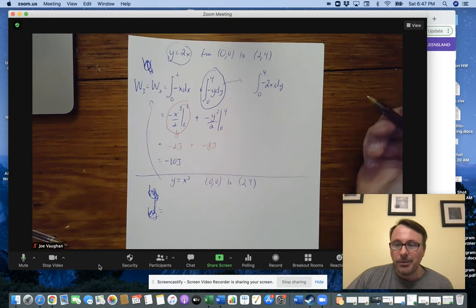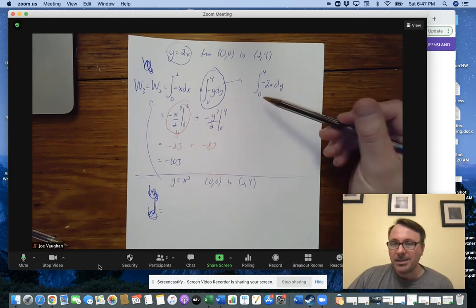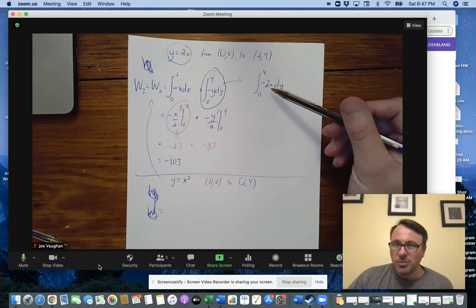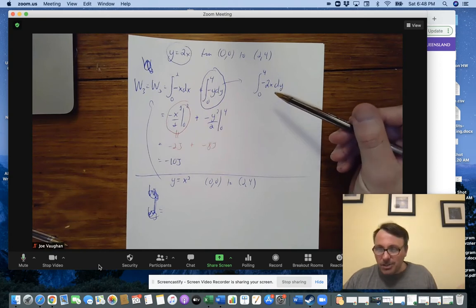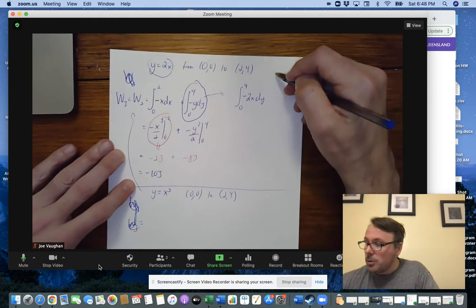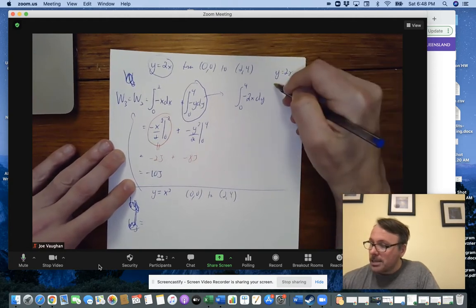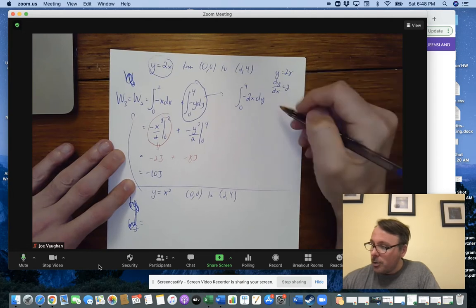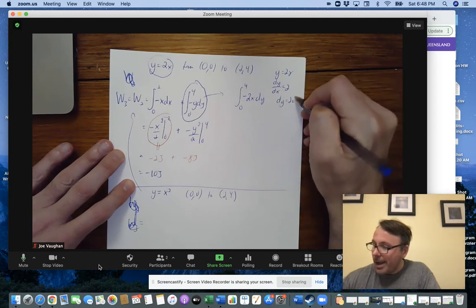You made your life terrible. Because now you're trying to evaluate an x, but the operation is with respect to y, and you can't do that. You have to do a transformation. Well, luckily, I can just do y is equal to 2x, and then dy/dx is equal to 2, and therefore dy is equal to 2 dx.